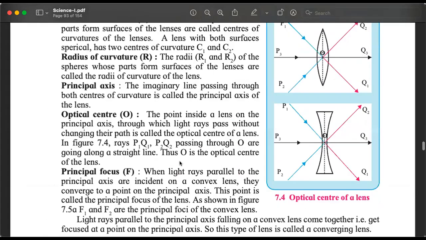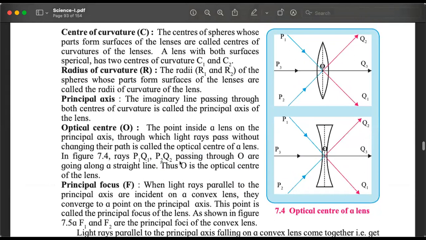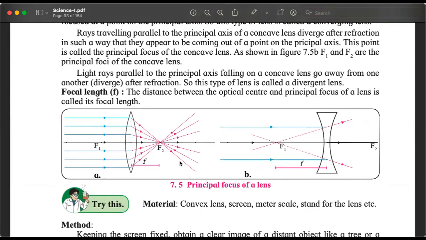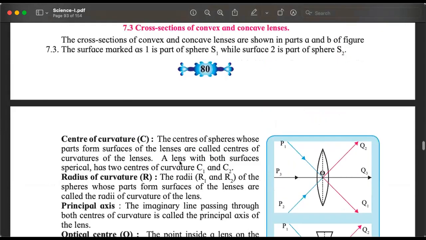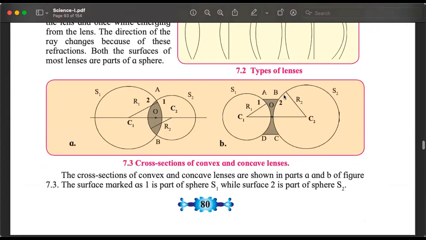If you draw this diagram, it will not show center of curvature, radius of curvature. If you draw this diagram, then also it is not complete, right? This one, the sphere, is for mirrors. Remember, spherical mirrors are formed as part of one sphere, but lenses are formed from two glass spheres.